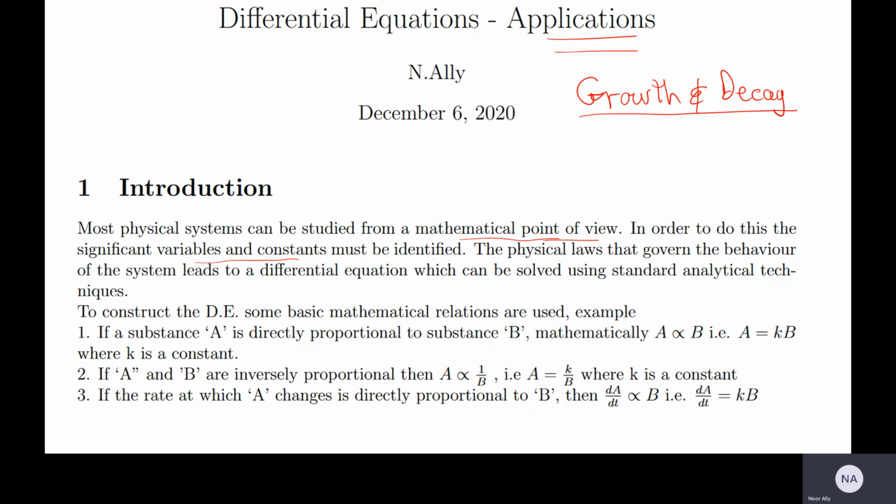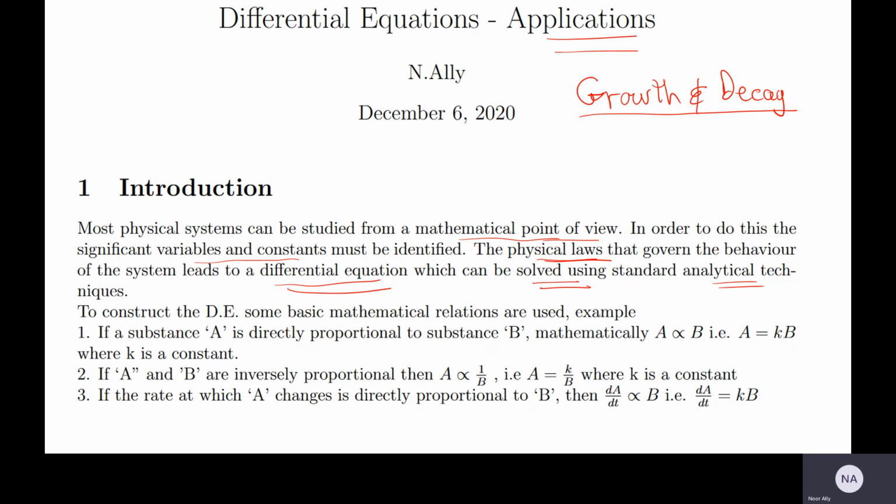We need to look at variables and constants, look at the physical laws that govern the behavior of that system, and we can formulate a differential equation which we can then solve using standard analytical techniques. What are our standard techniques? Those that we discussed: the two, separable and linear. There are also others. We can get homogeneous equations, we can get Bernoulli equations, we can get a number of different ways of solving differential equations.